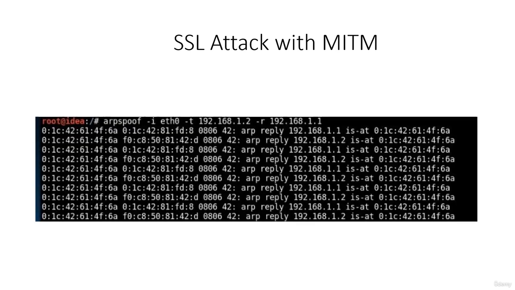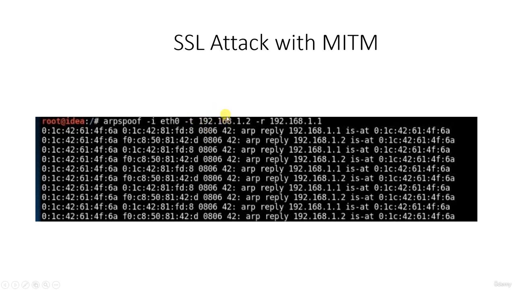After that, we are going to run arpspoof. This is our network interface on our Linux machine. This will vary from machine to machine, so you may have wlan0 or eth1. In my case, my machine was wired, so eth0.